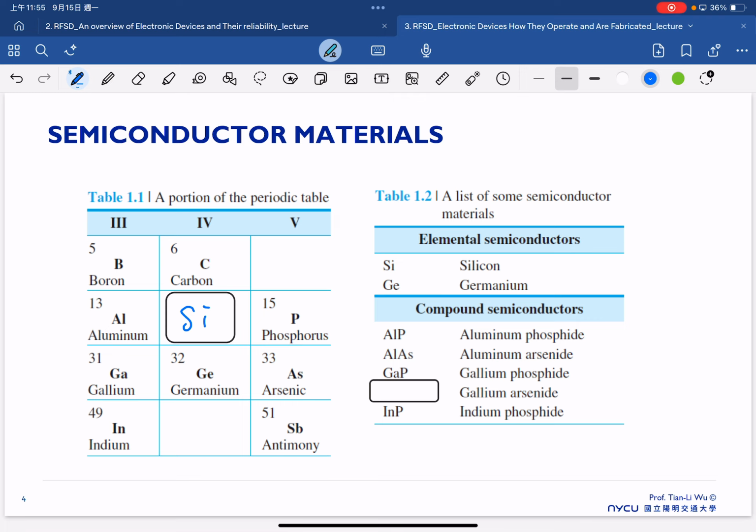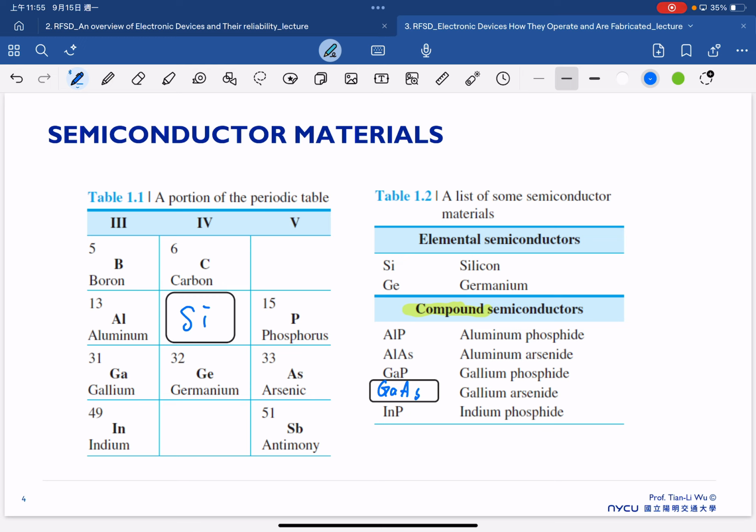A semiconductor made by only silicon or germanium, we call an elemental semiconductor. But a semiconductor made by several species together, we call a compound semiconductor. For example, gallium arsenide, which is very important and already commercialized, that you use in your daily life.